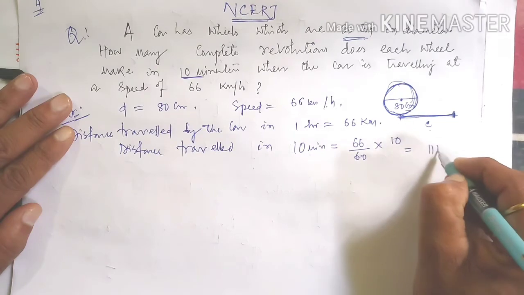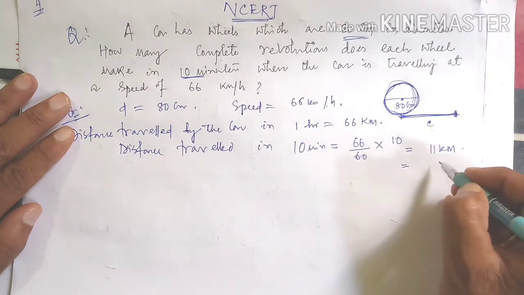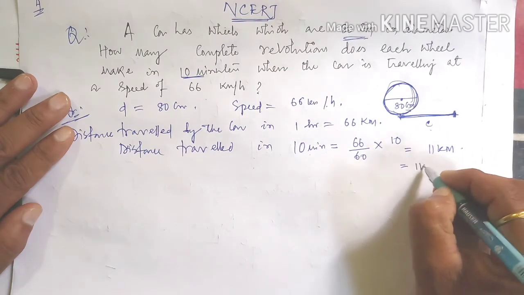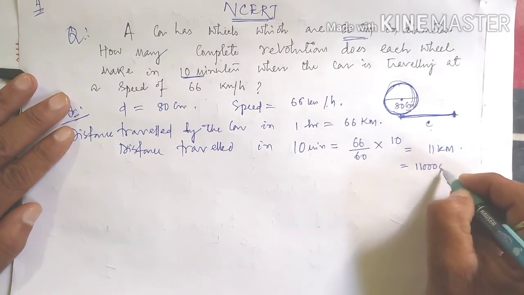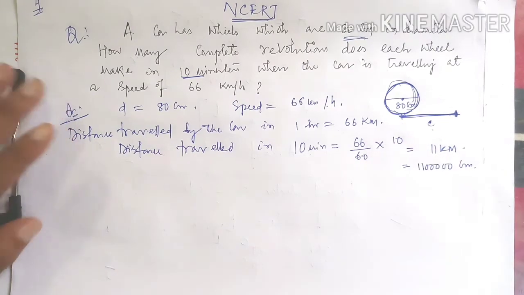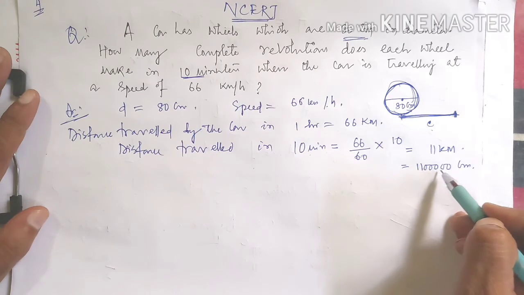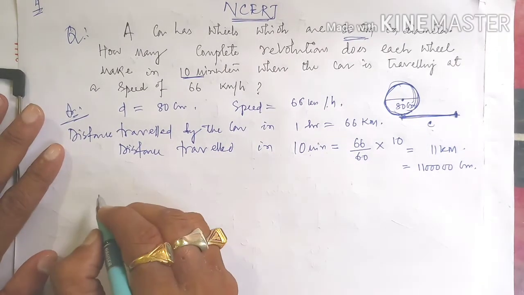That is 11 kilometer. Convert into centimeter, because centimeter is given. 11 kilometer is 11,000 meter, multiplied by 100 for meter to centimeter. This is 11 lakh centimeter.